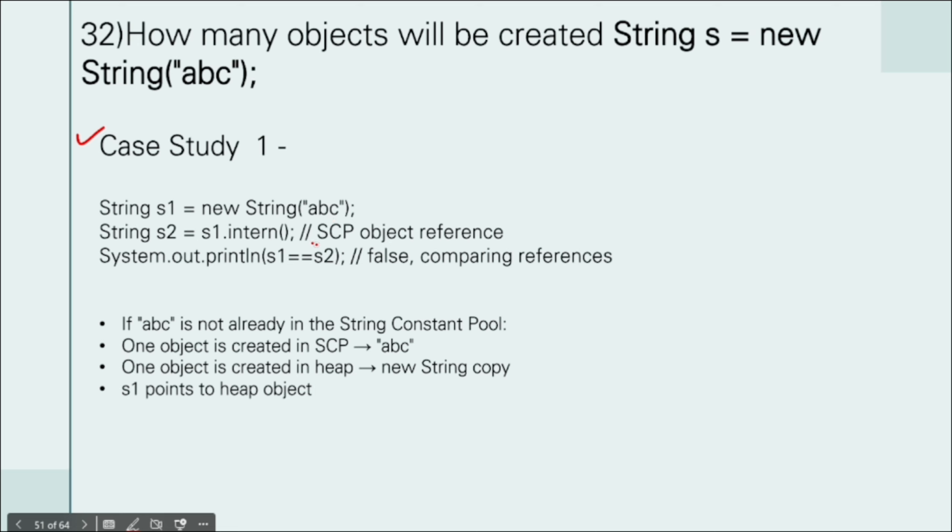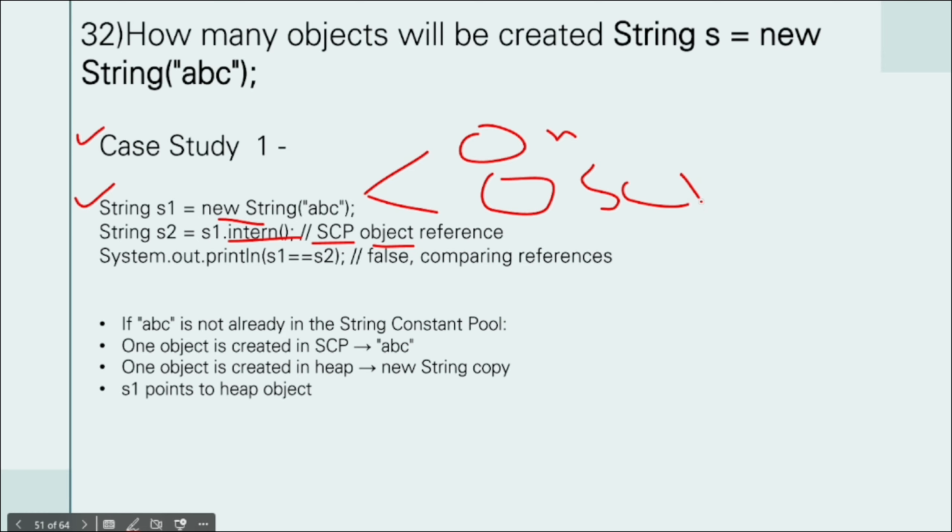To access the string constant pool area object, we have to use a particular method, intern. Here we have String s1 = new String("abc"), so objects will be created in two places, the heap and the string constant pool.